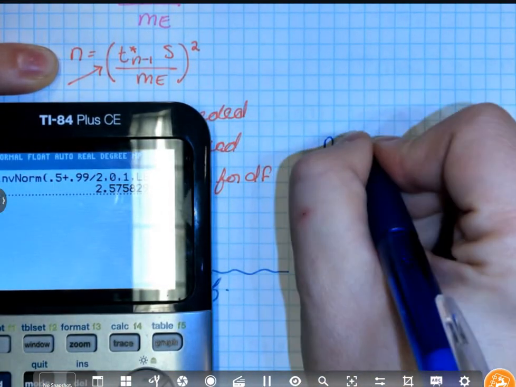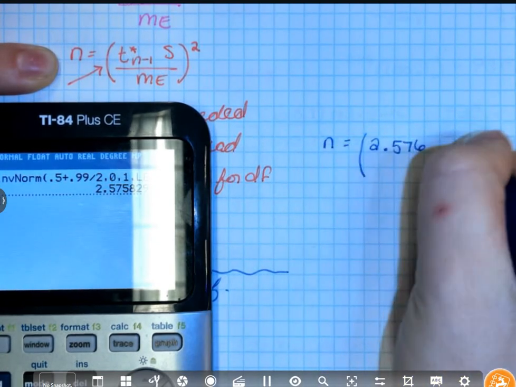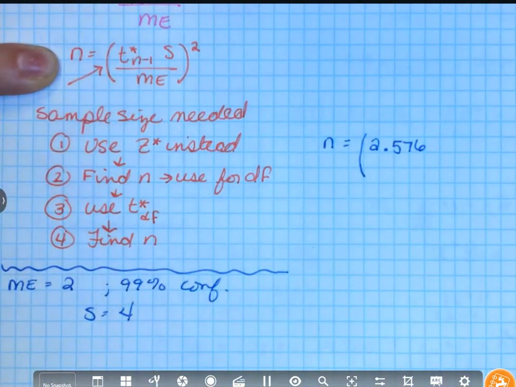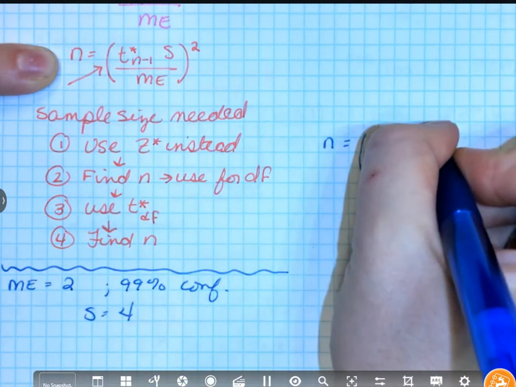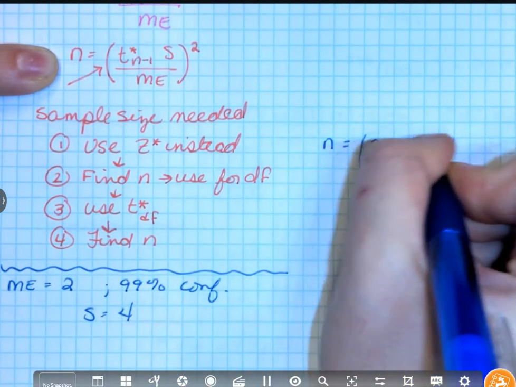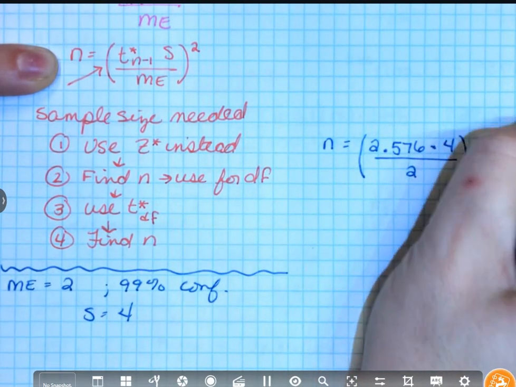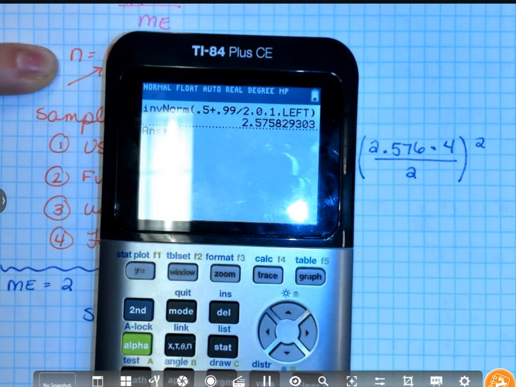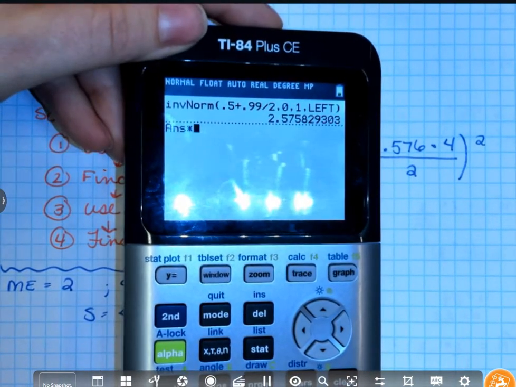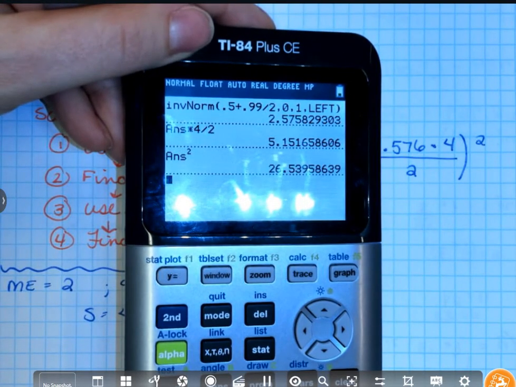So I get 2.576. My standard deviation was 4. Margin of error was 2. And I'm going to square that. So I'm going to say times 4 divided by 2, squared.